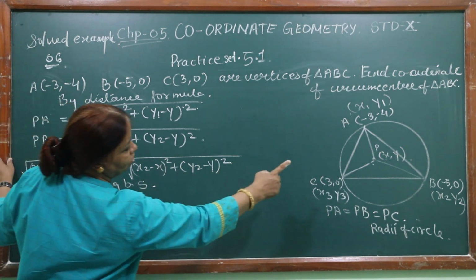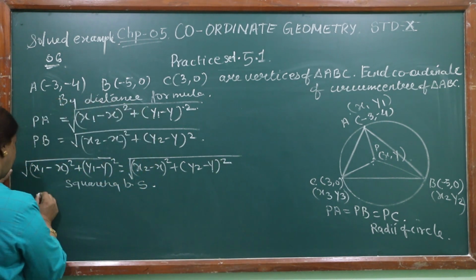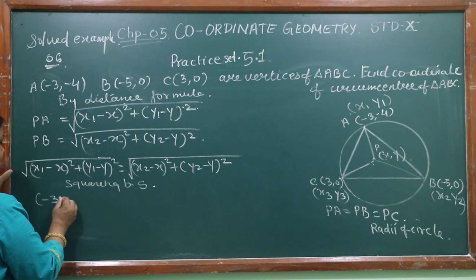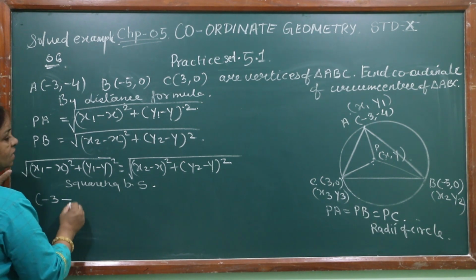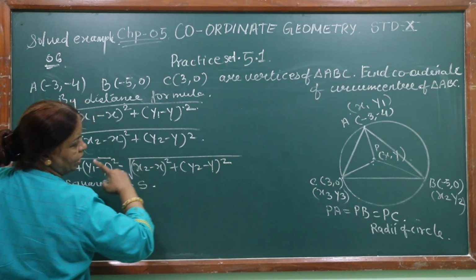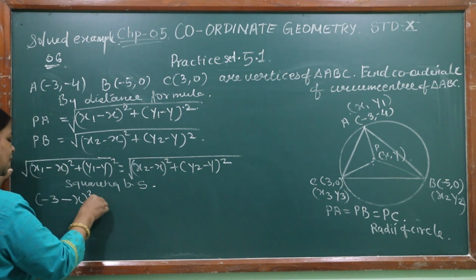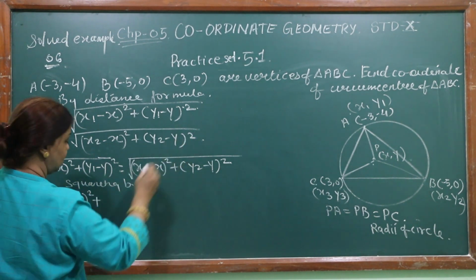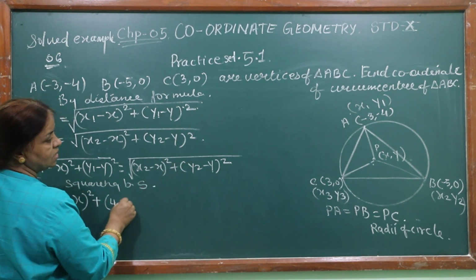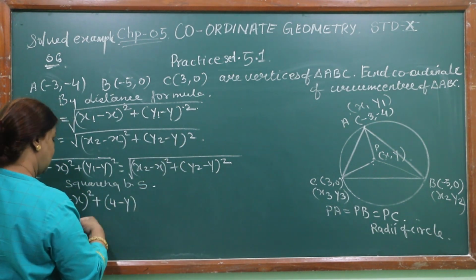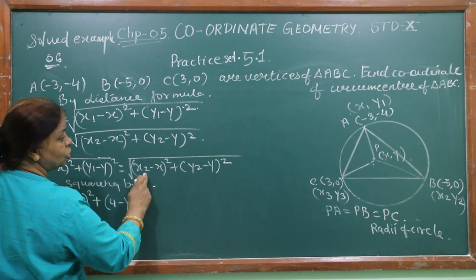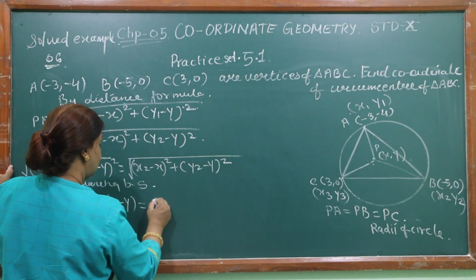What is the x1 coordinate? Minus 3. So minus 3 minus x, the x coordinate we want to find out, the whole square, plus y1. What is y1? 4 minus y, is equal to x2. How much is x2?